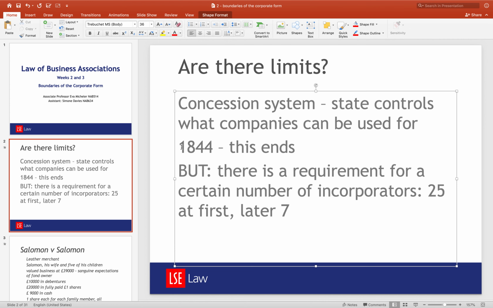That ends in 1844, and companies can be incorporated by anyone for the purposes they choose, but there was a requirement for a certain number of incorporators, originally 25, later 7.